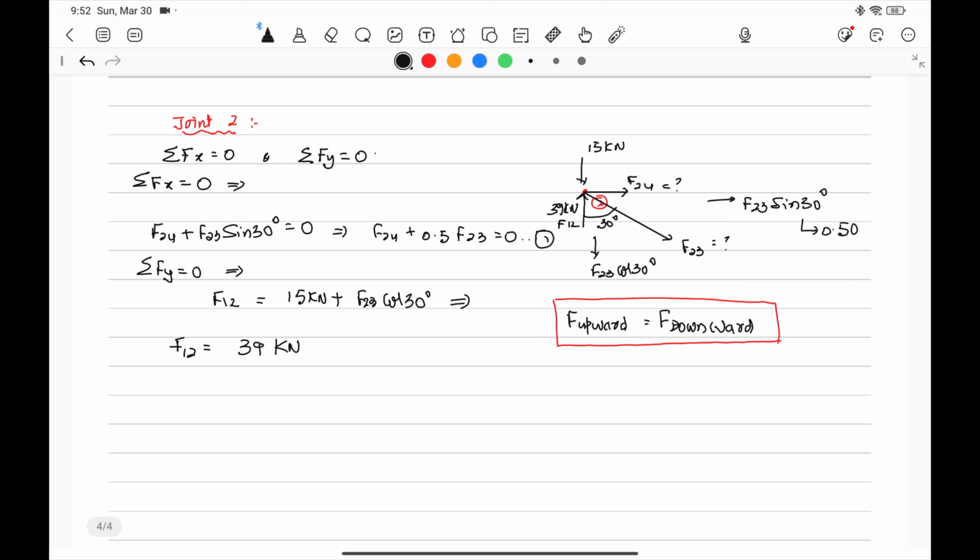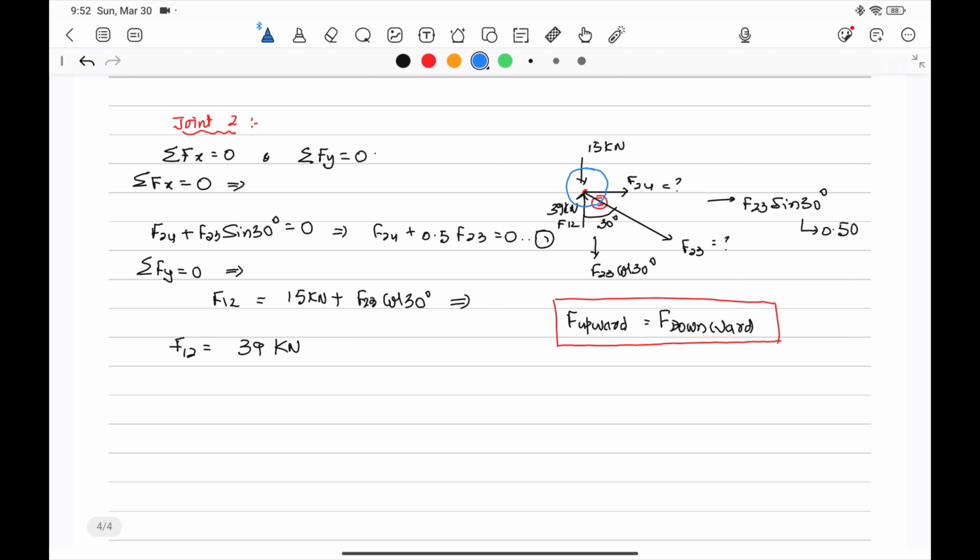I am not putting any minus plus. I am only analyzing the joint. From the beginning, I am not confusing myself and everybody with signs. Compression means it is towards the joint. Tension means away from the joint.